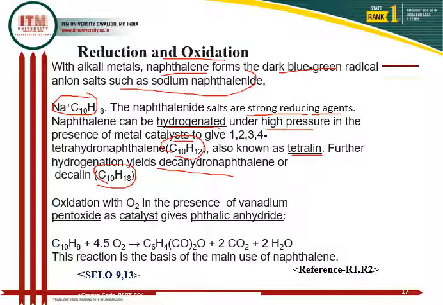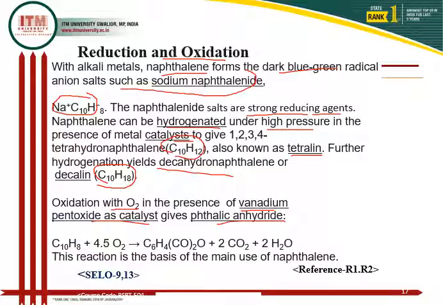So we have the alkali metals forming the anion salt which acts as a strong reducing agent, and it undergoes hydrogenation which forms tetralin and decalin in the presence of the metal catalyst. And the oxidation reaction can also be seen: oxidation with oxygen in the presence of the transition element catalyst vanadium pentoxide gives phthalic anhydride.